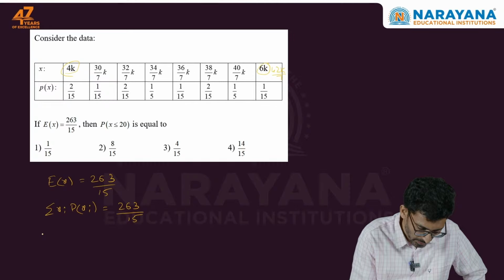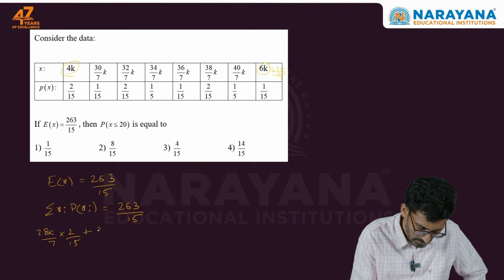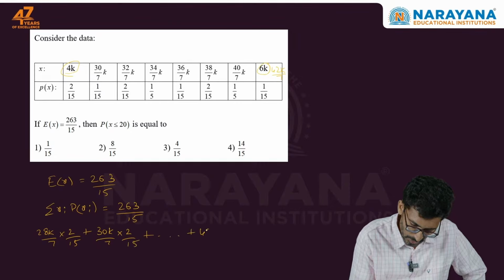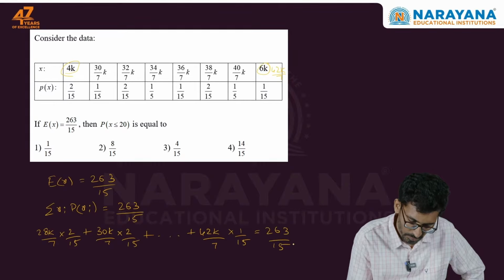So sigma xi means I can write like this: 28k by 7 into 2 by 15 plus 30k by 7 into 2 by 15, so on up to 42k by 7 into 1 by 15. It is equal to 263 by 15.